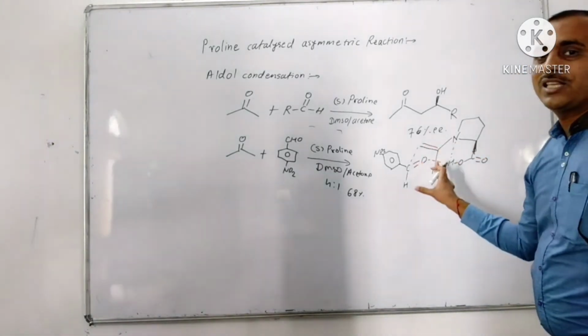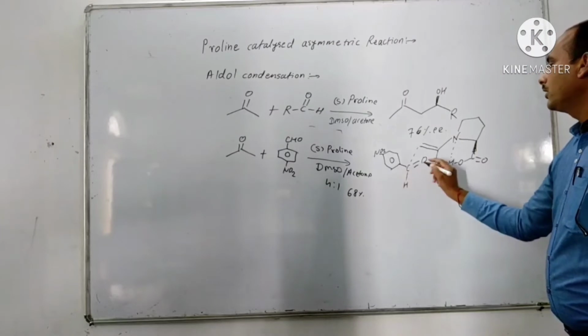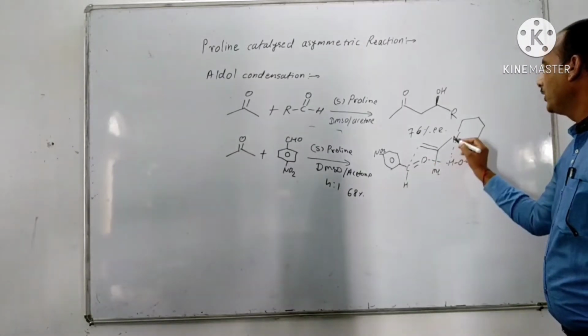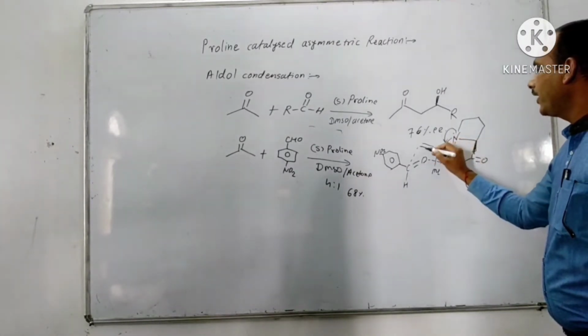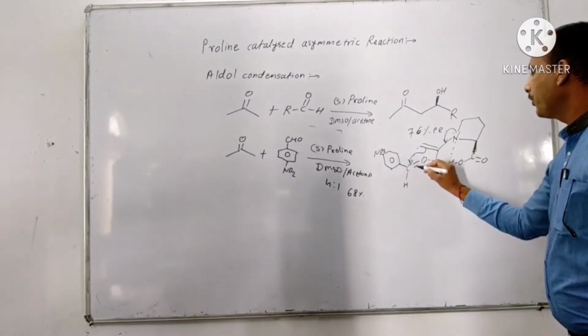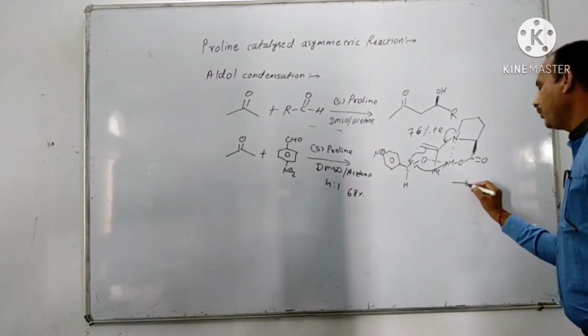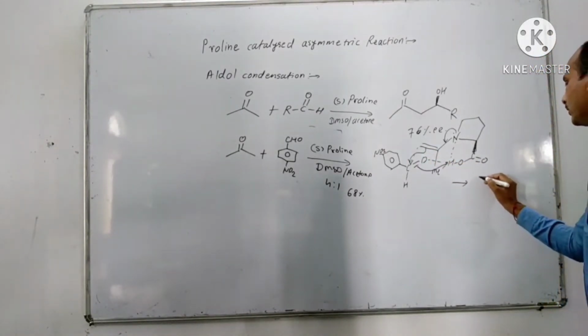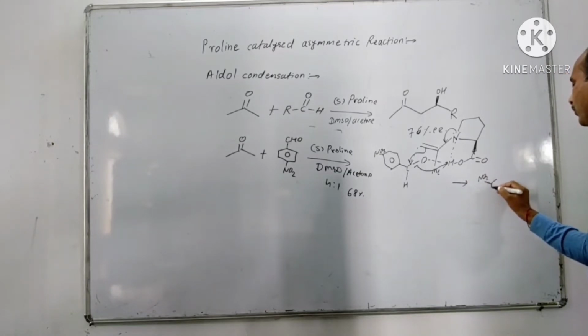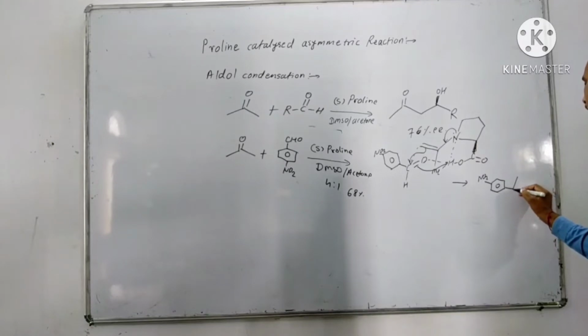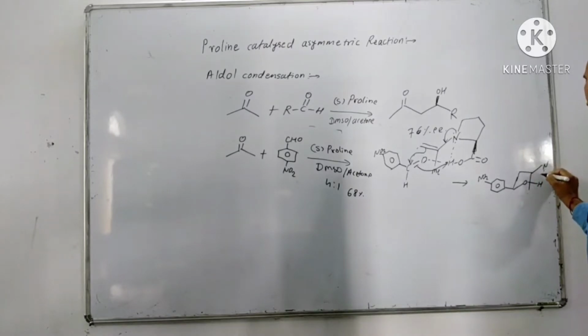Now through this 6-member transition state, again the oxygen takes the proton, there is delocalization of this bond, attack on the carbonyl, and protonation of the carbonyl to form the product with NO2, OH, methyl.